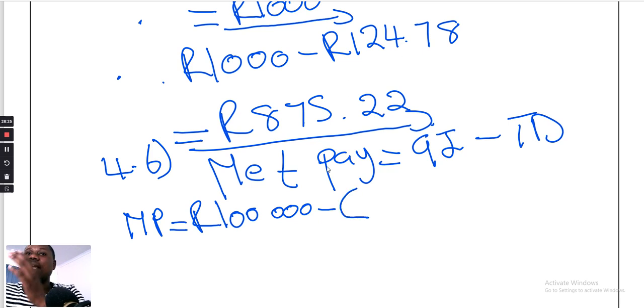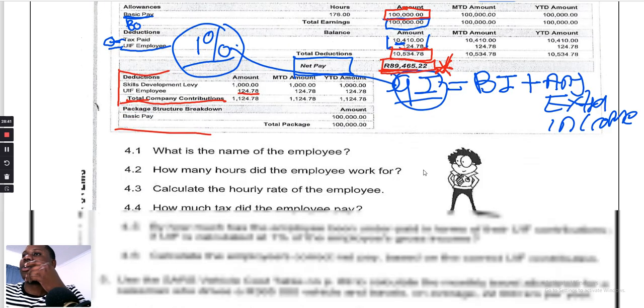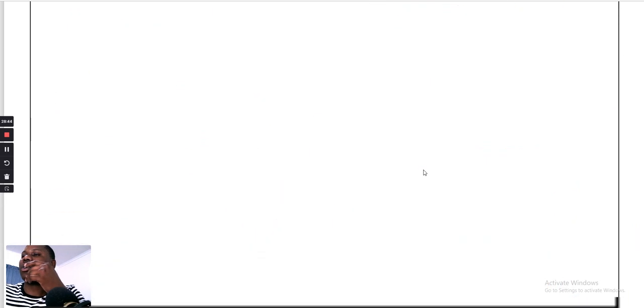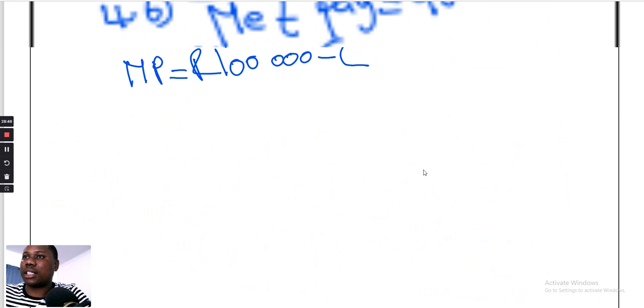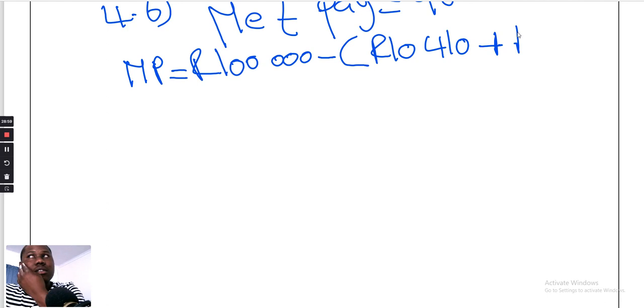Our deductions here are 2. Remember, it is the tax. Our tax is 10,410, this one, plus our 1,000 of the UIF. Then we close our brackets.